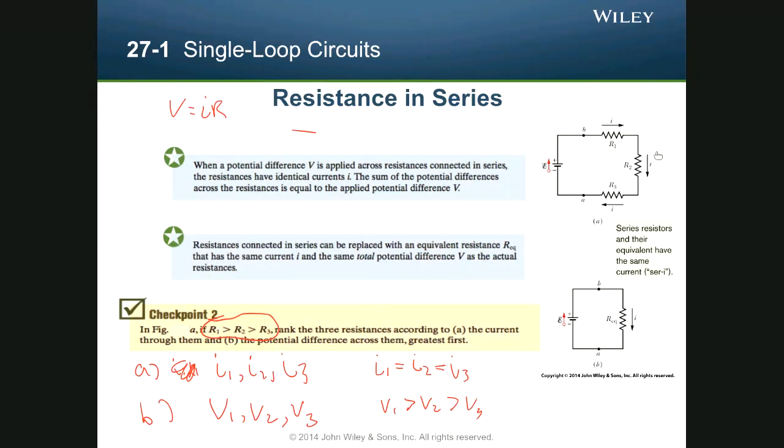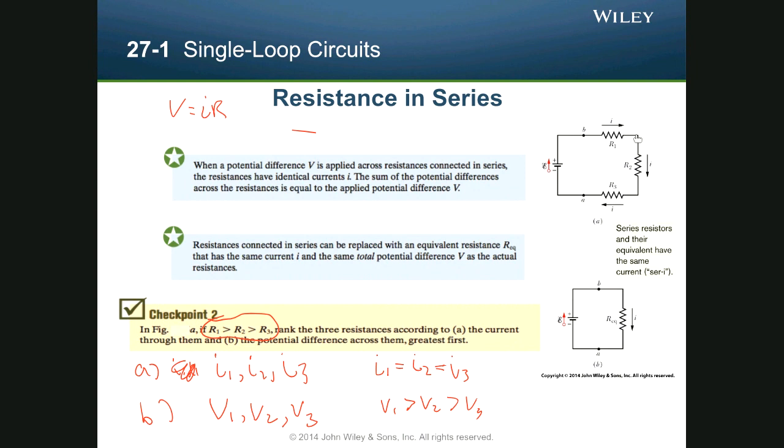A series is when the current has no place to branch off. So for instance, when I go through this resistor, there's no junction.